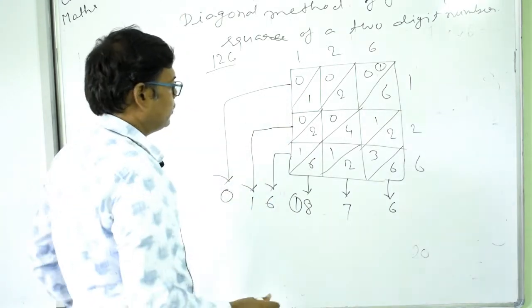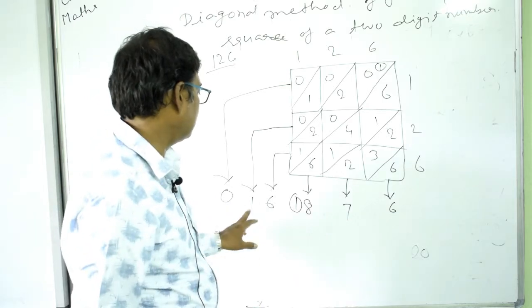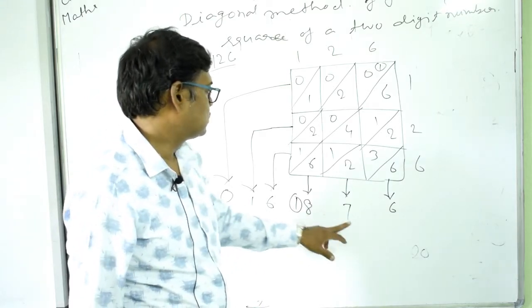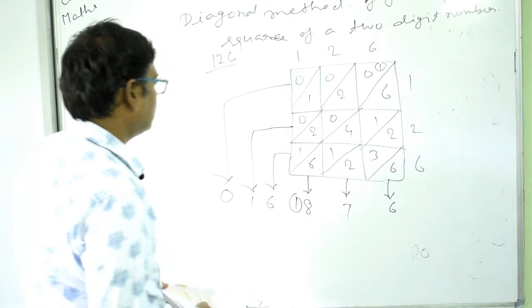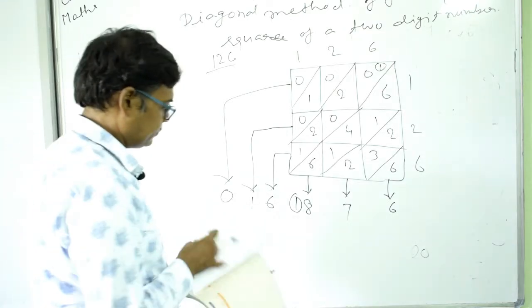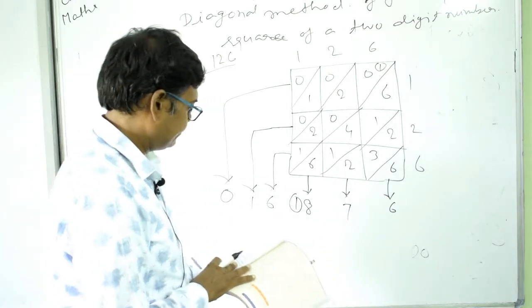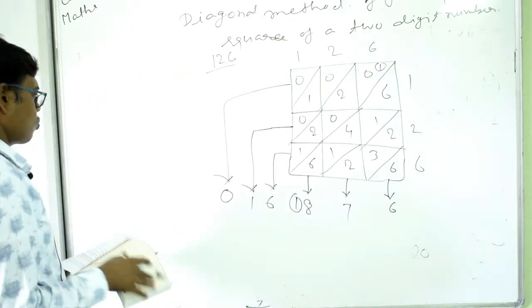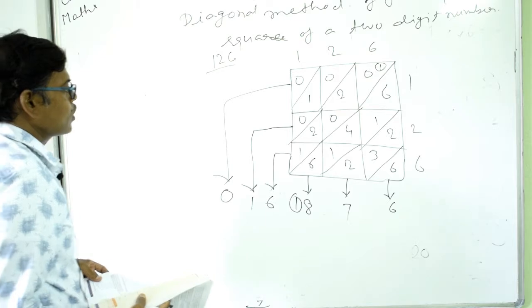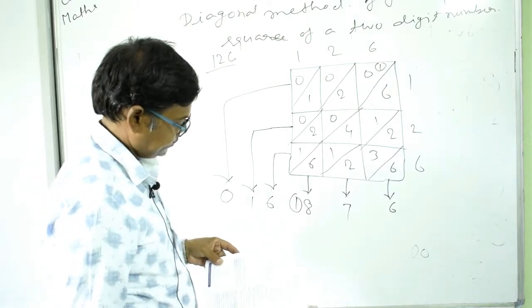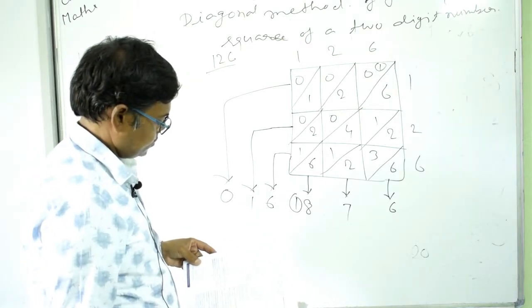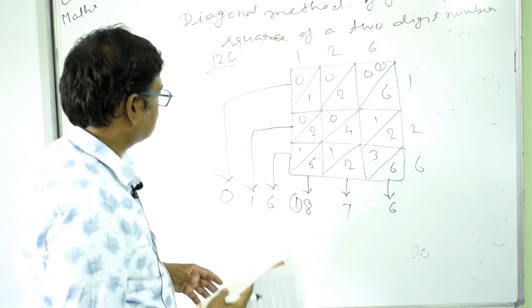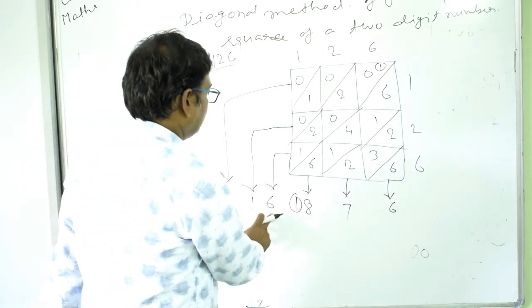So what is the answer now? Arrange all these numbers, that is 1 5 8 7 6. So the square of 126 will be this number, 15876.